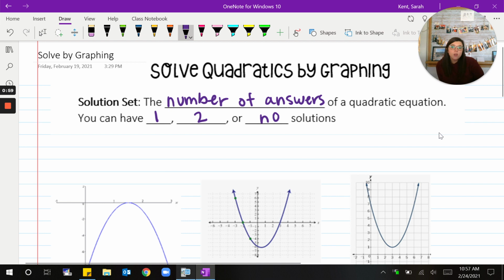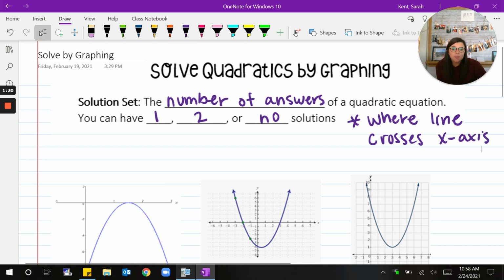So today we're going to be looking at graphs to get these answers. And we'll look at where our quadratic, where that curve crosses the x-axis. So this is where the line crosses the x-axis.